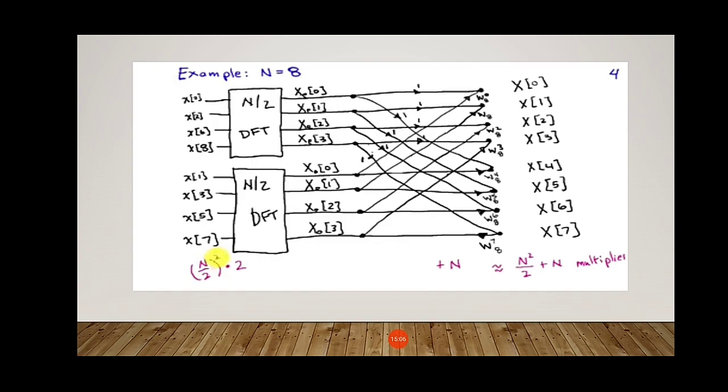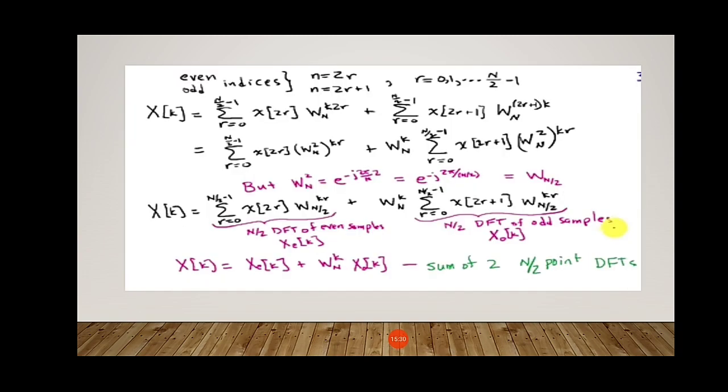Now what we do is we multiply x even 0 plus W_8 to the power 0 into x odd 0 to have X0, according to the previous equation.